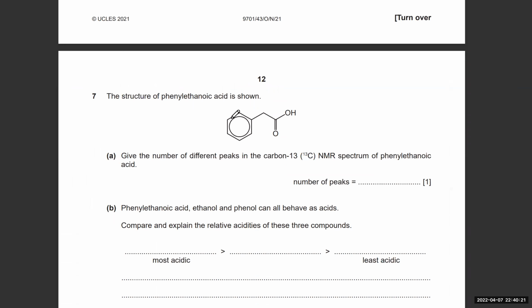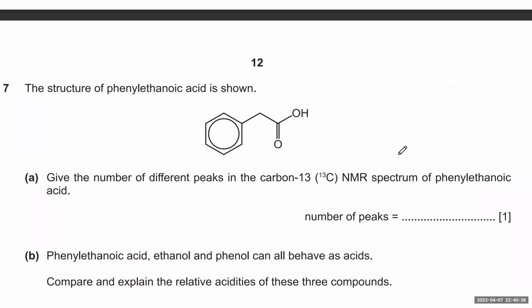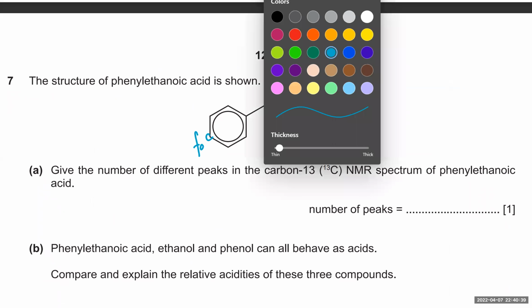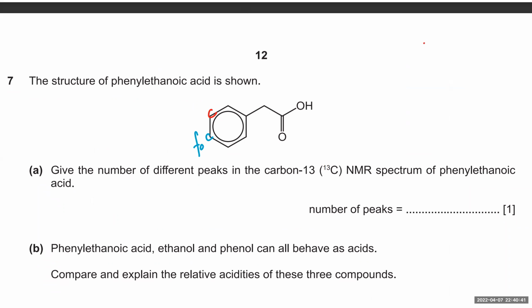And question number 7 is give the number of different peaks in the carbon-13 NMR spectrum. So look at the carbon environments. This carbon is unique, it has a different environment compared to all the other ones. These two carbon atoms are exactly the same environment.